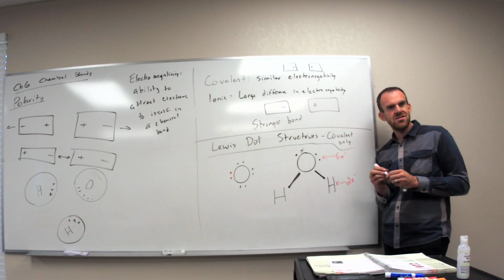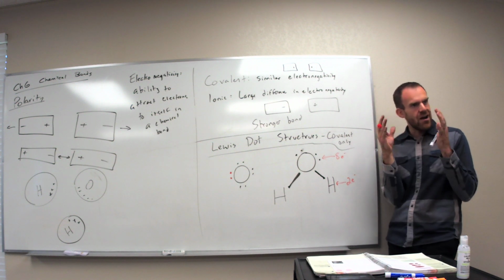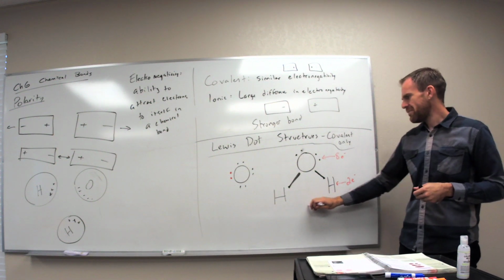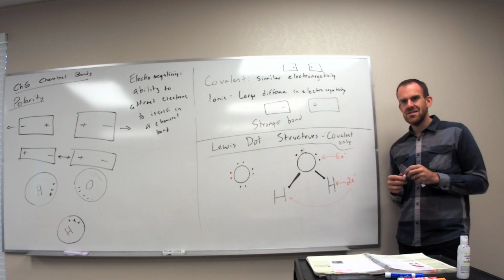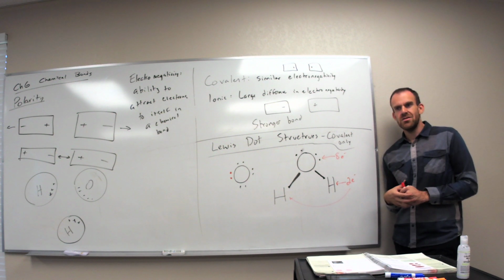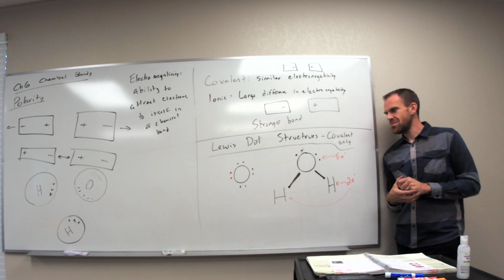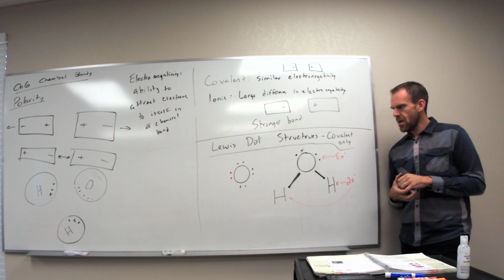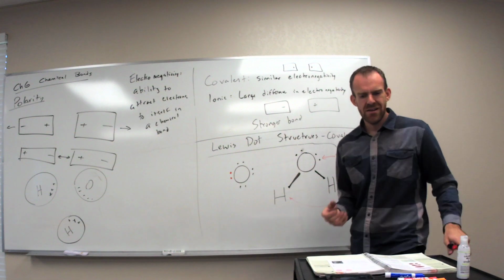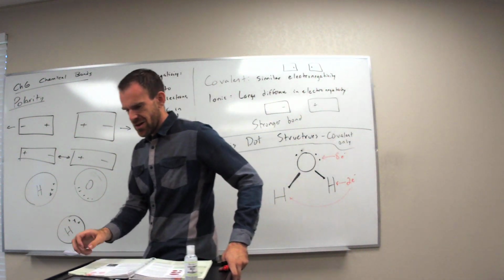Hydrogen's happy because 2 electrons is enough to fill that outer orbital, the 1s orbital. So hydrogen is happy with 2, oxygen is happy with 8, and you get water, which is covalently bonded, surprisingly enough. So we're going to be drawing these out to get a better idea of what's going on in various compounds.